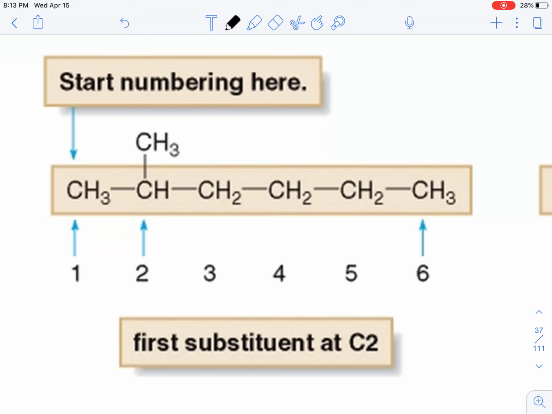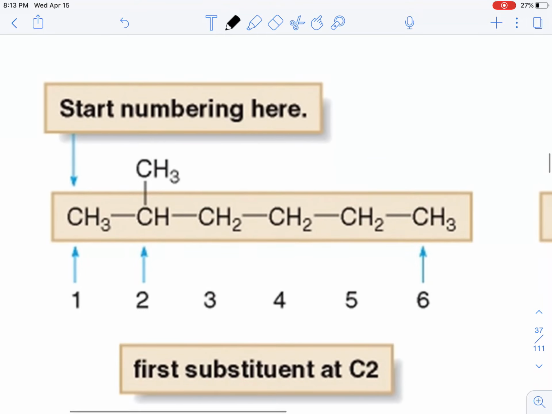If you're just drawing stuff and trying to make sure that you're not missing a carbon or a hydrogen or a heteroatom, and you're not naming it, you can number it however you want. However, when you're naming organic compounds, you have to be precise. You have to follow very strict rules.